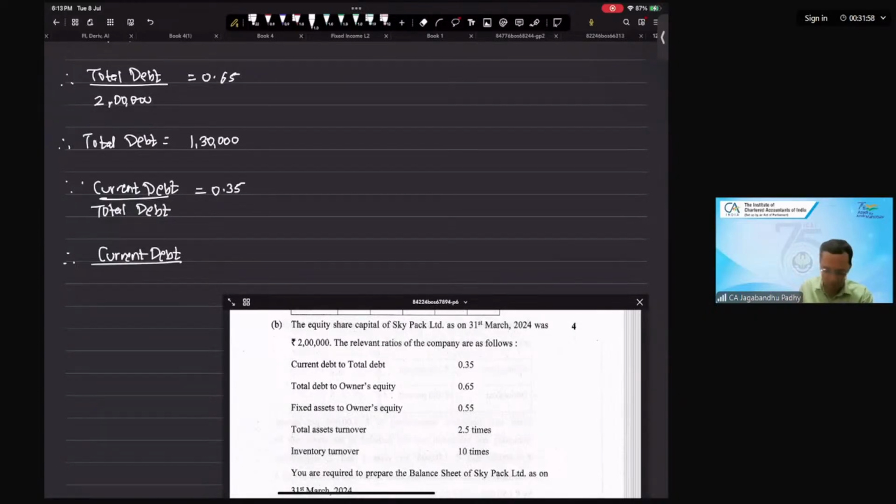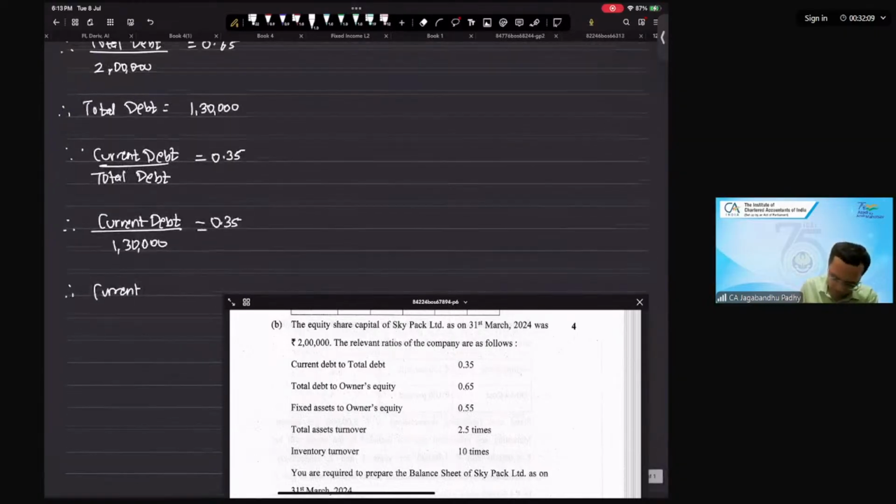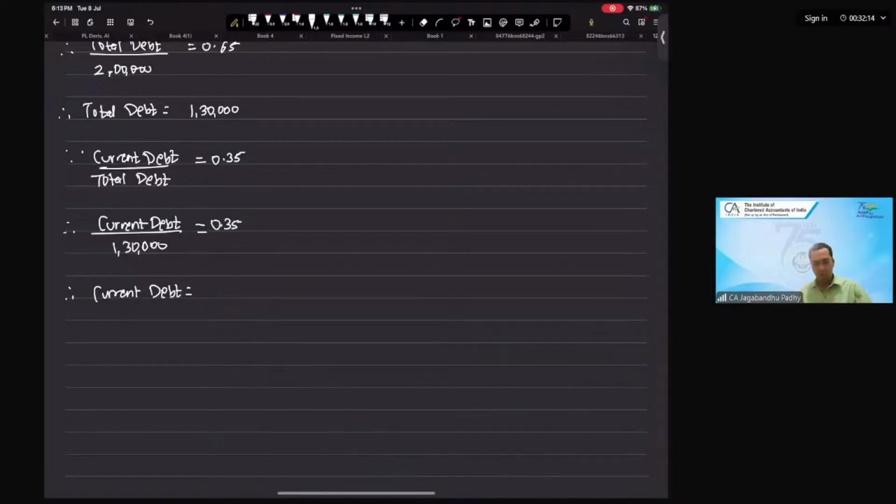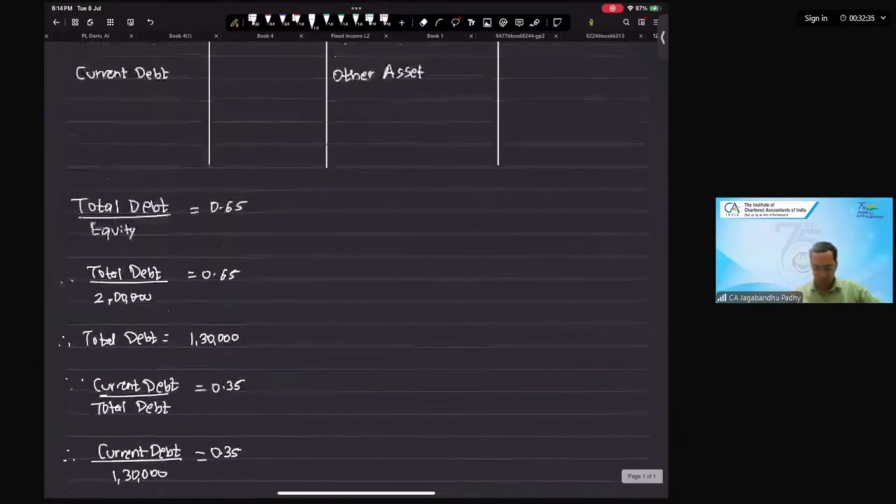Total debt is already known, which is 1 lakh 30,000. So current debt is 0.35 into 1 lakh 30,000, which is 45,500. Current debt is working out to be 45,500.